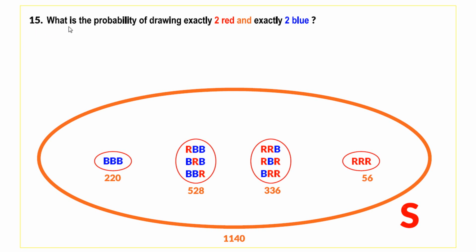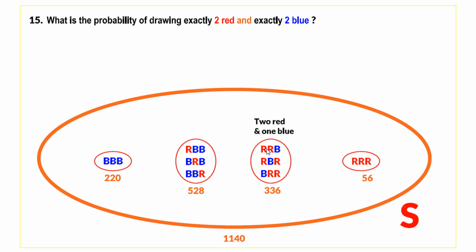Question 15. What is the probability of drawing exactly 2 red and exactly 2 blue? So here we have to emphasize this word, and that is and. So this event will take place if we get 2 red and 2 blue at the same time.